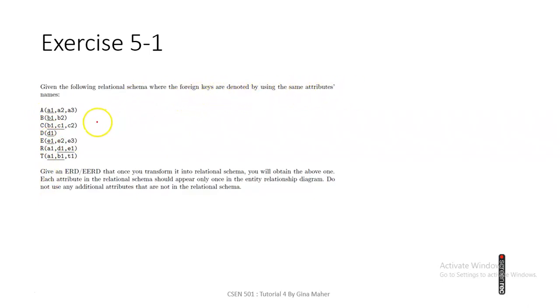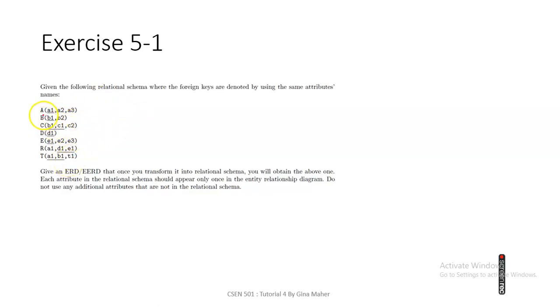So for example, if I want to indicate that A1 is a foreign key, it will be found in another relation again. It will be repeated. So in this case, it's a foreign key here in R, and it's a foreign key here in T, and so on. So this is the way to indicate whether the attribute is a foreign key or not. If you find that the attribute is repeated, then it is a foreign key.